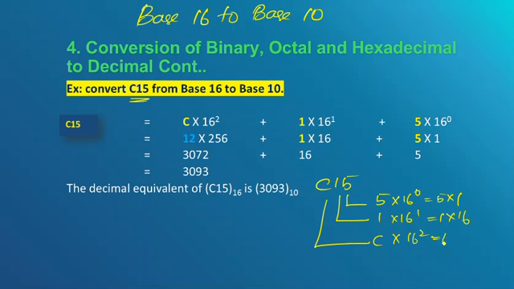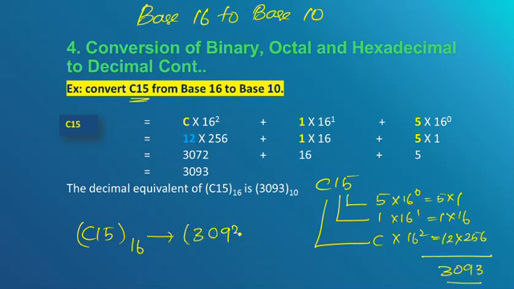So C will be 12. So 12 into 16 to the power of 2, which is 256. So the final answer will be 3093. So the answer is C15 to the base of 16 is converted to the decimal value 3093. So if it is a fractional, you have to multiply.